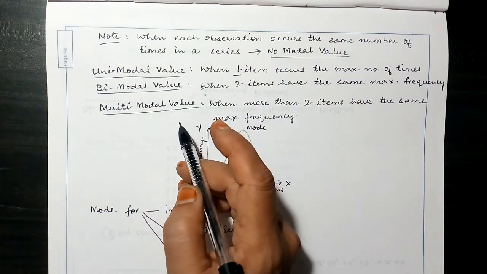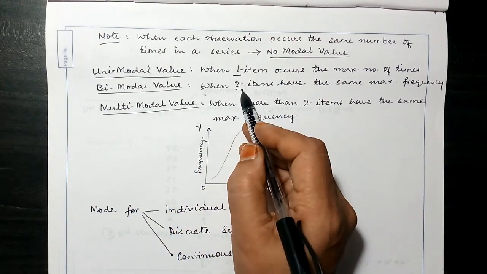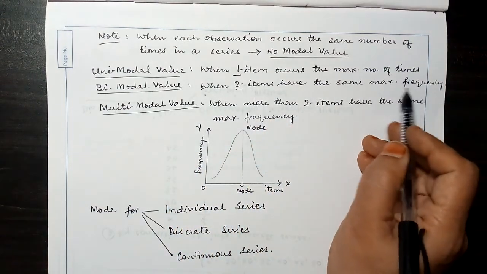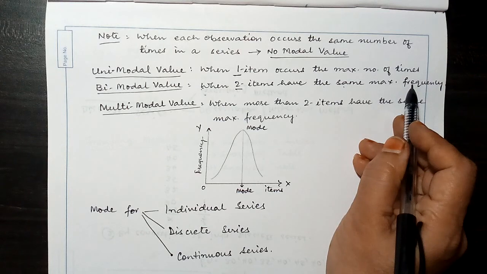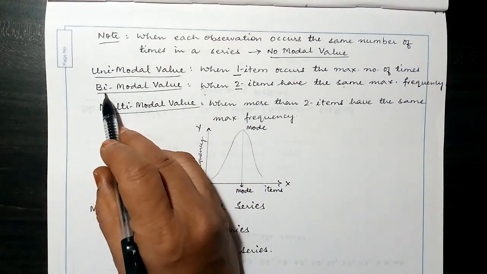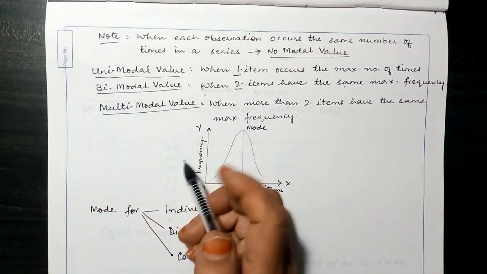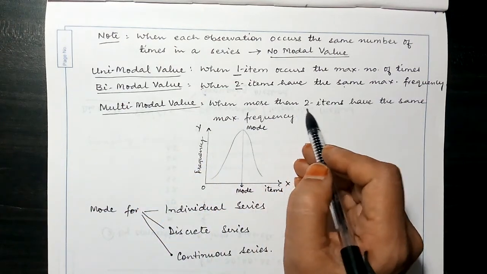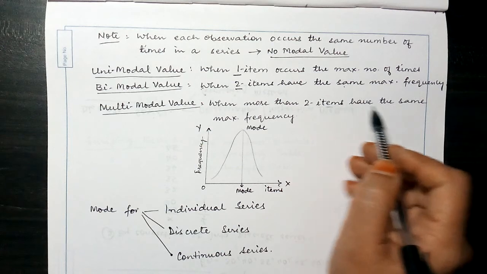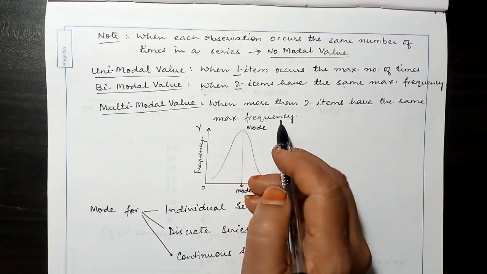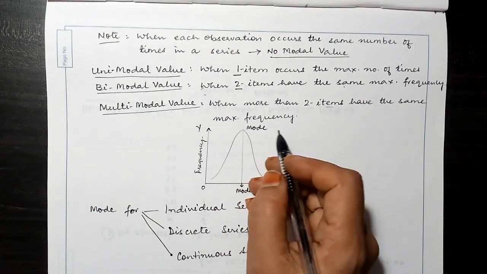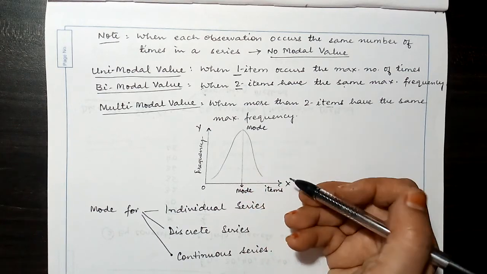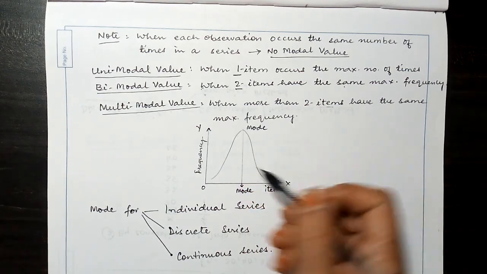Then we have one mode. When two items have the same maximum frequency, then we have a bimodal value. We will have two modes. A multimodal value is when more than two items have the same maximum frequency. Is it really possible? We will look at it in a further example.